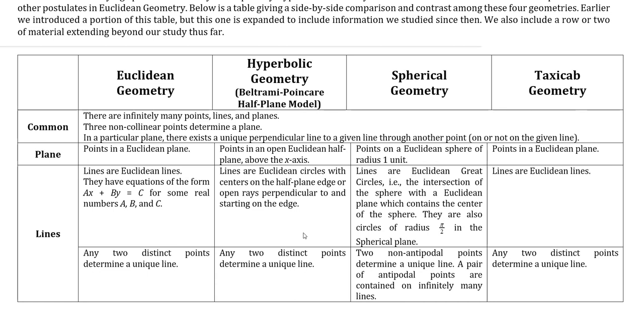In hyperbolic geometry, lines are Euclidean open semicircles.